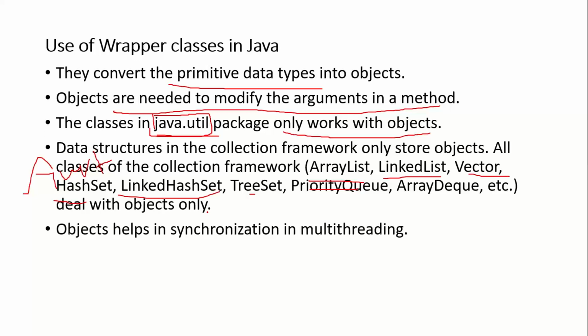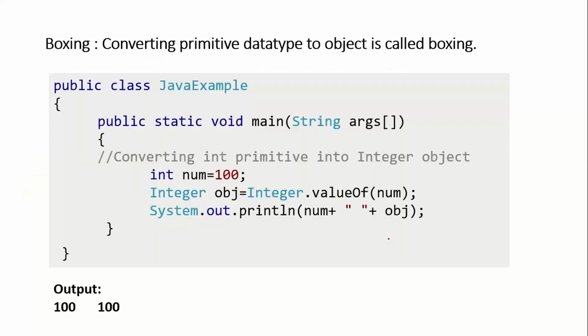So we have to use these wrapper classes to wrap the data into the form of an object. And objects help in synchronization in multithreading. When you run your program in the form of threads, where you have to maintain synchronization, that can be achieved only through these objects.